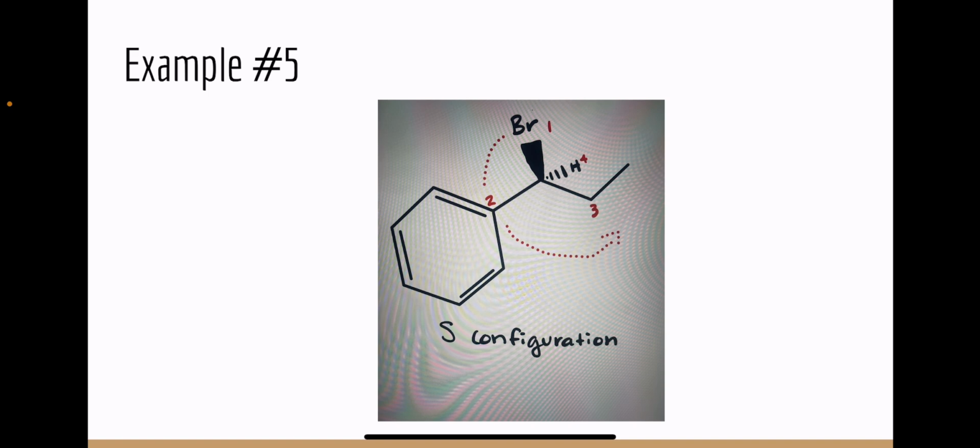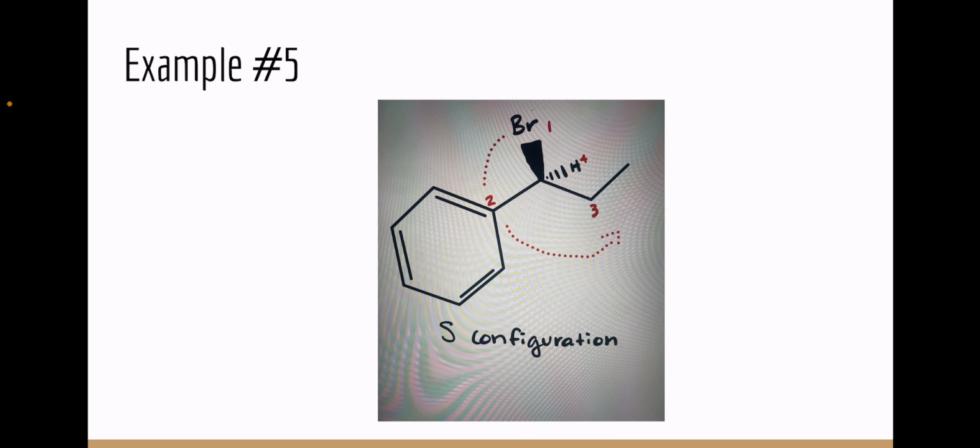In this last example, we have bromine at the top, having the highest atomic number at 35. The hydrogen is oriented behind us with a priority number of 4. Again, from the chiral center, it is connected to 2 carbons, and the carbon on the left is then connected to 3 additional carbons from the double bond and the other carbon on the bottom there.